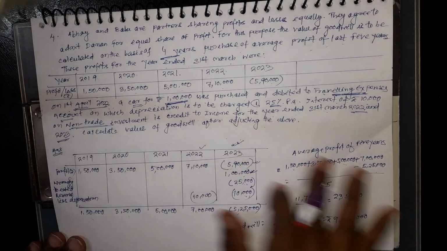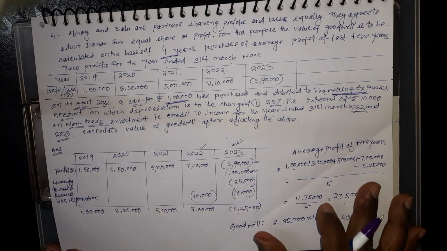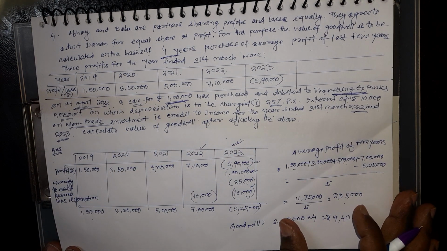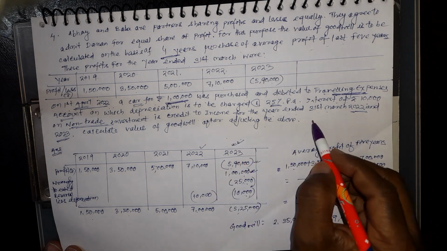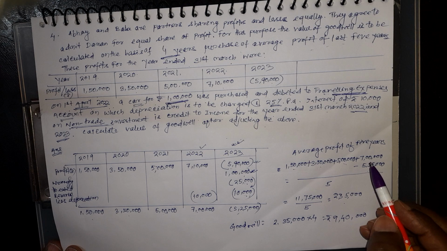Clear? This is all about the capital nature treatment, revenue nature treatment, non-trade investments, abnormal profit.